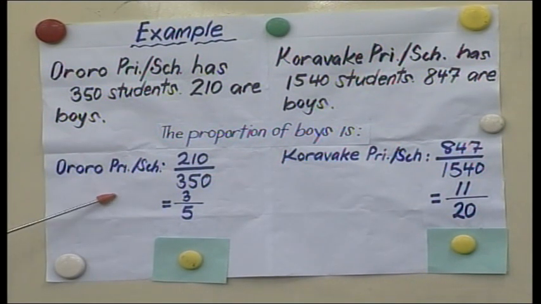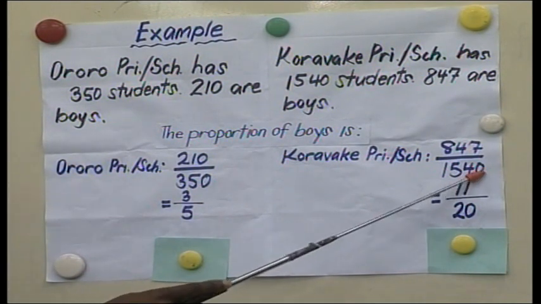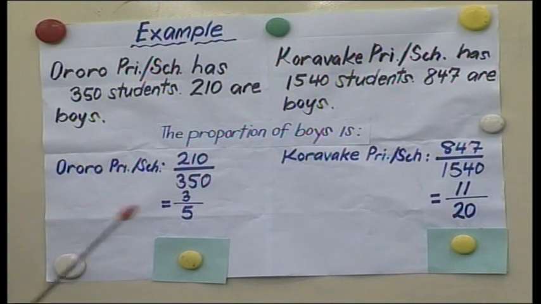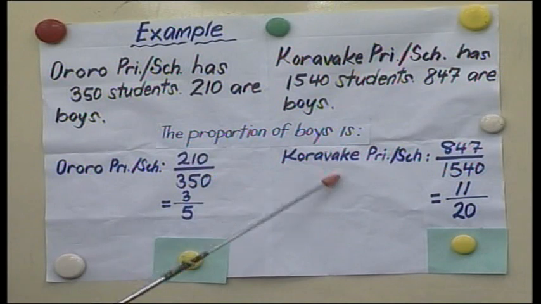If we break down this proportion into fractions, Aurora Primary School will have 3/5. Which means that 3/5 of the students in Aurora Primary School are boys. For Korawake Primary School, 11/20 of the students are boys.